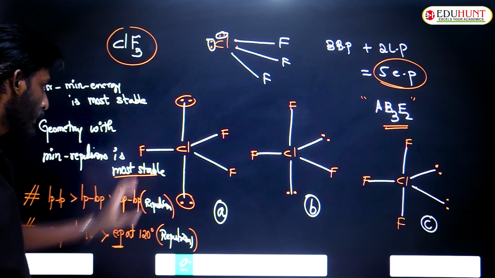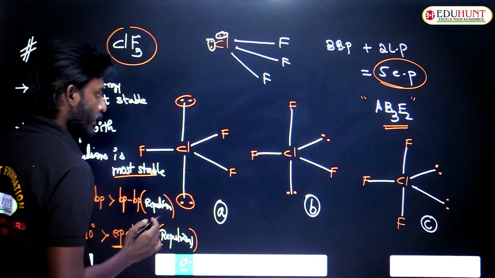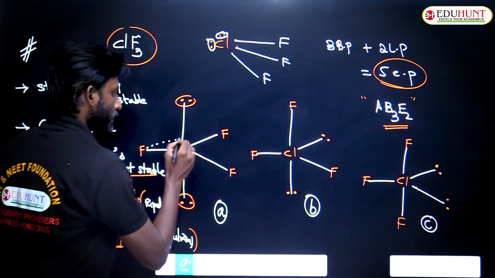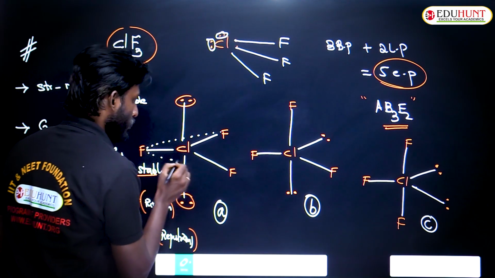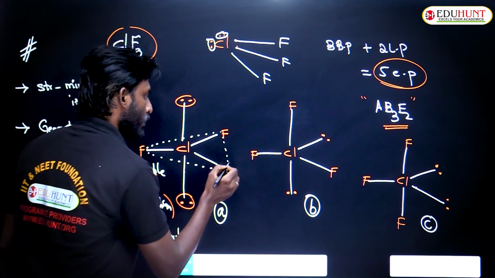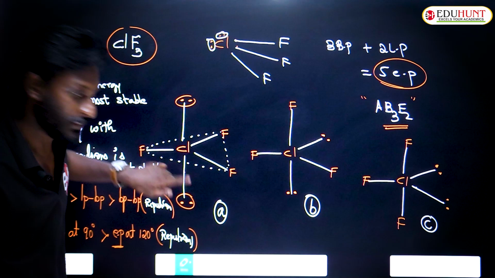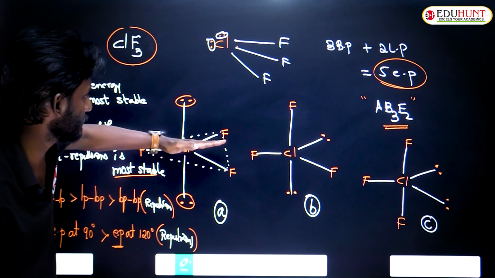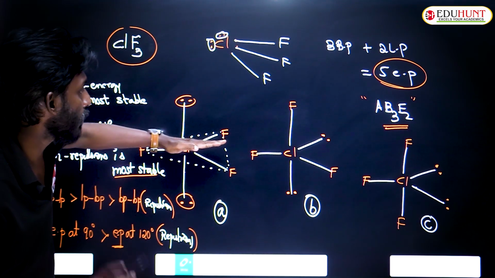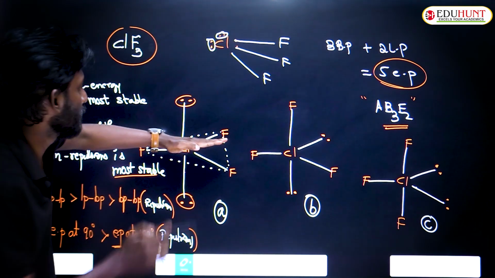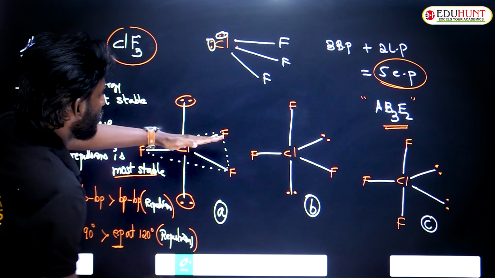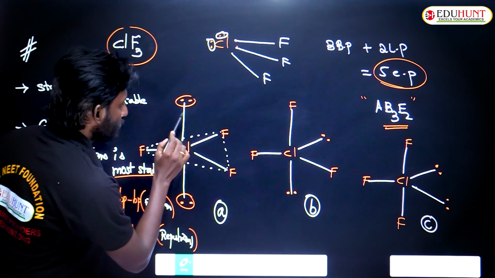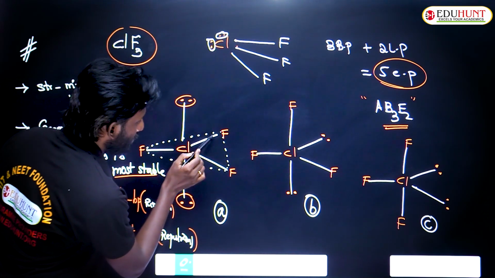But the point is, I told you already, this middle trigonal part is not on the board plane. Now you tell me, what is the angle between the lone pair and the corner fluorine, the bond pair? 90 degrees.